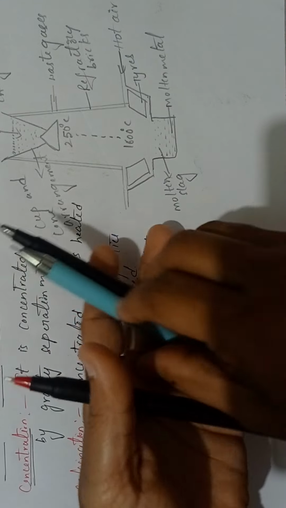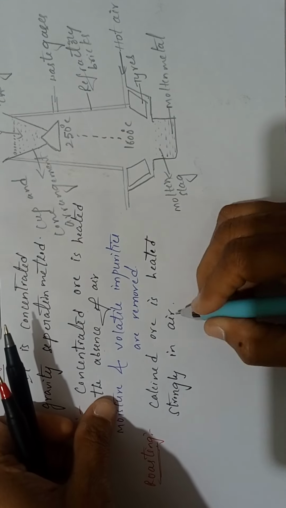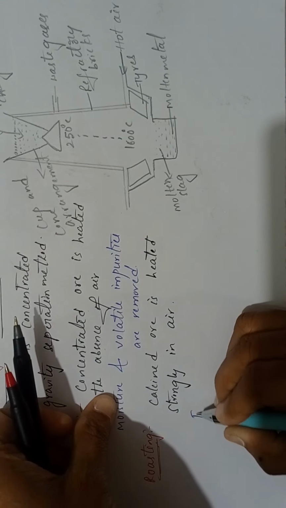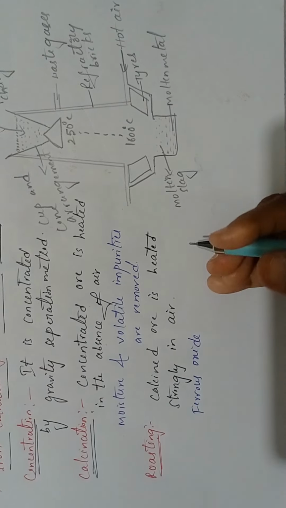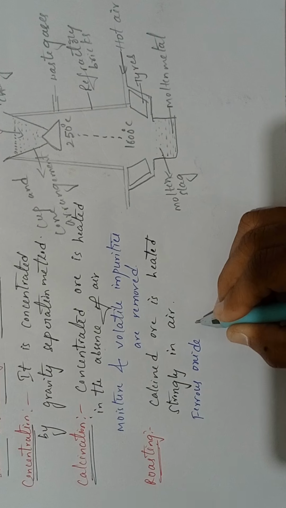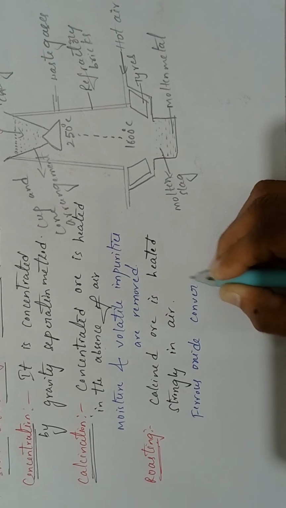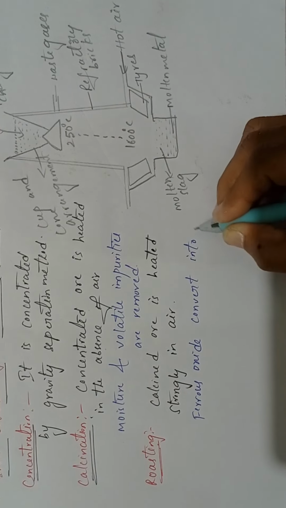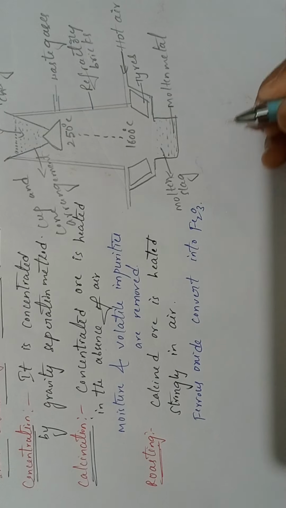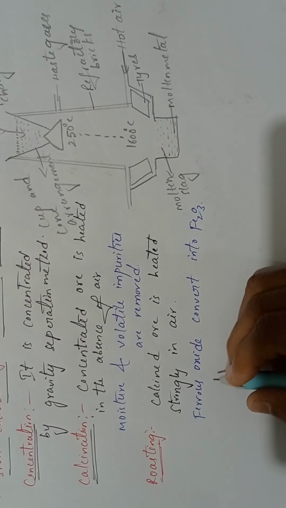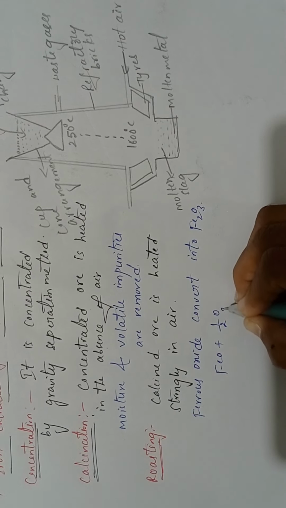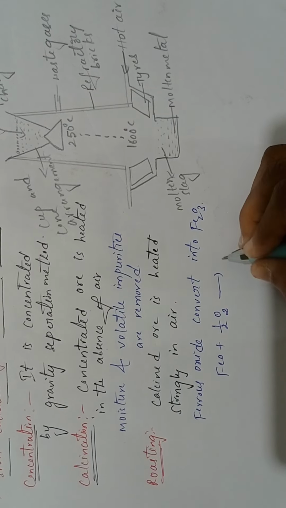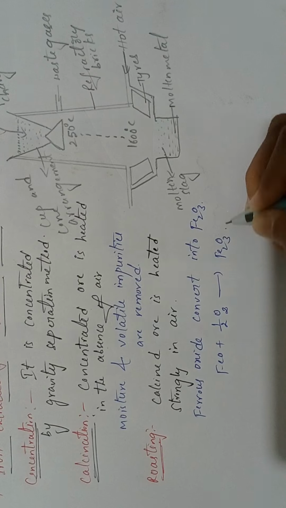So I am taking the reaction. Ferrous oxide, FeO, is converted into ferric oxide, Fe2O3. Now see the equation: FeO combined with half a mole of O2 produces Fe2O3.